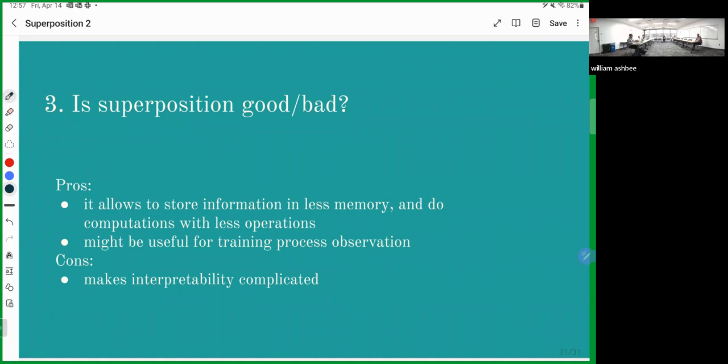And if we observe how superposition patterns appear, merge, and disappear during the training process, we can try to draw conclusions about the training. But on the negative side, it makes the interpretability of models much harder.